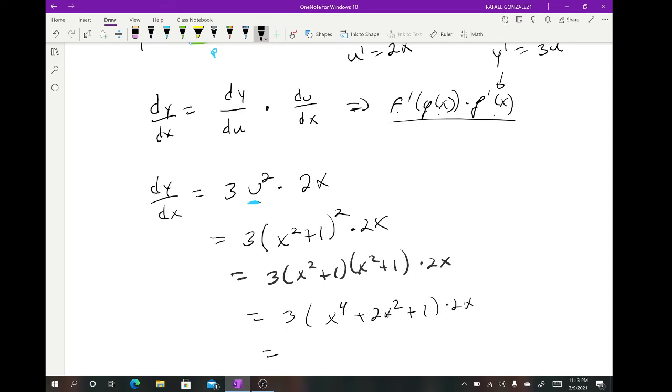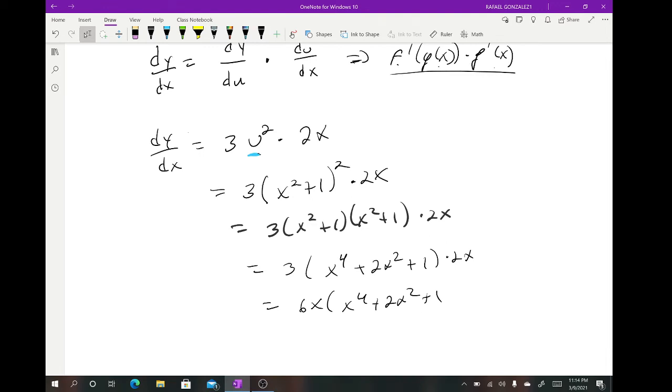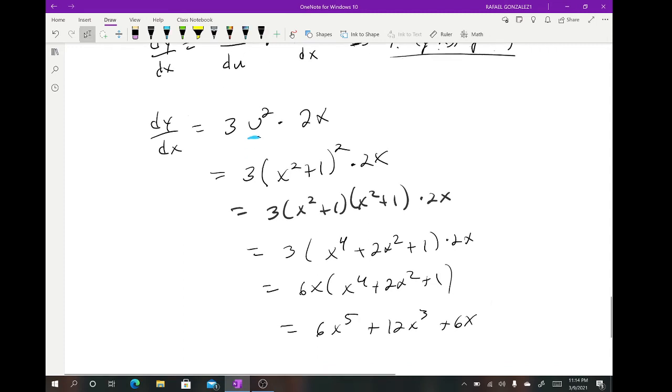And then when you multiply the 2x times the 3, you get 6x times x to the 4 plus 2x squared plus 1. And finally, you could distribute that 6x over, and you'll get 6x to the 5 plus 12x cubed plus 6x. And that will be your solution.